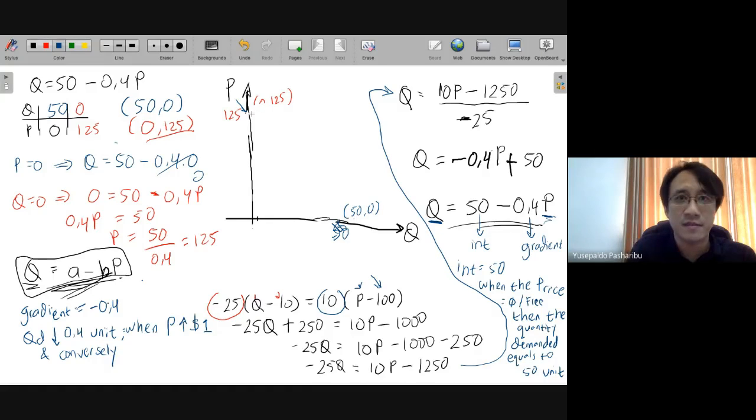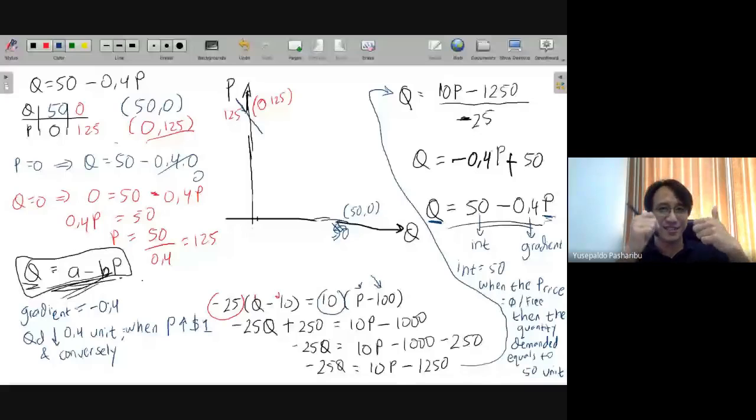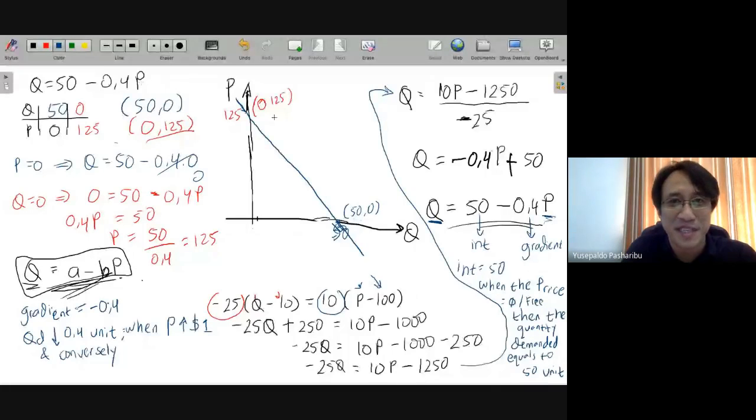This is 50 and this one is 0. So the line is like this. Yeah, cool. Much better. And we just give the name of this equation, Q equals to 50 minus 0.4p.